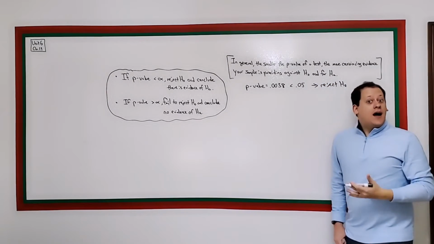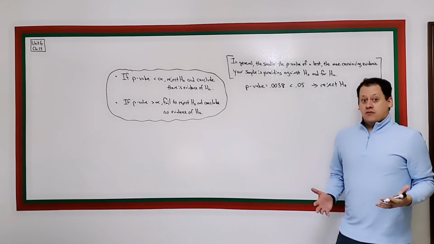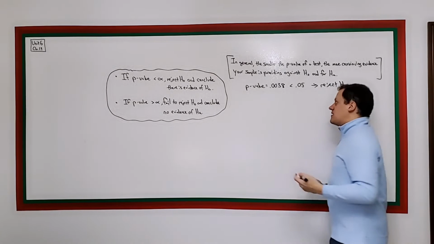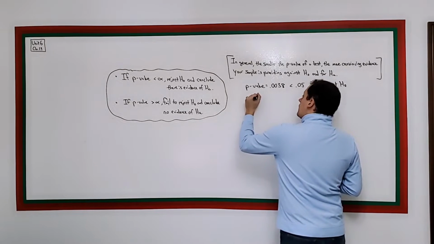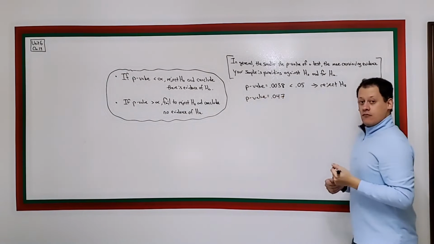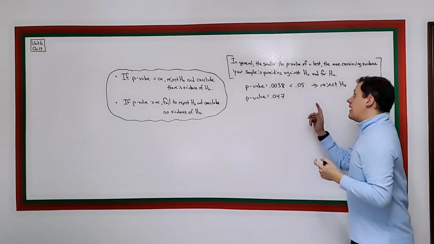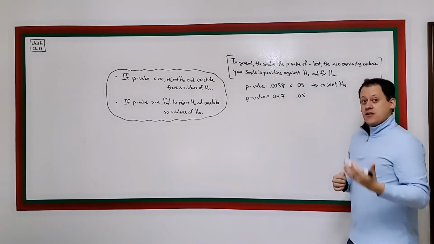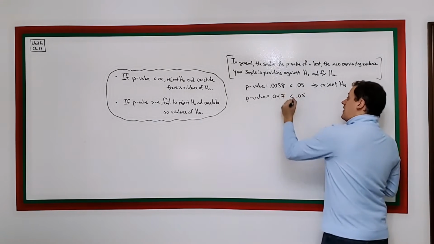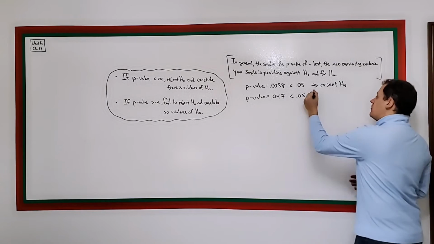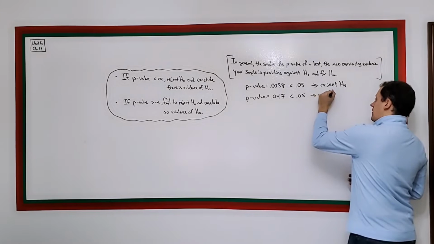Let's say we took a different sample from the same population, another sample of 400 Hoosiers, and that time we get a p-value of 0.047. If we're still going to compare it to 0.05, the same significance level, the same alpha, that p-value is still less than alpha, which means we would still reject the null hypothesis.